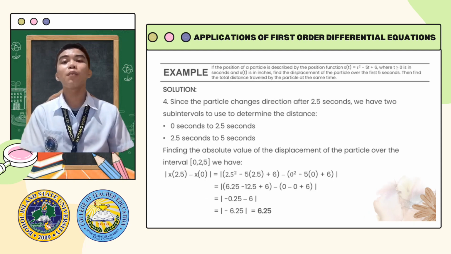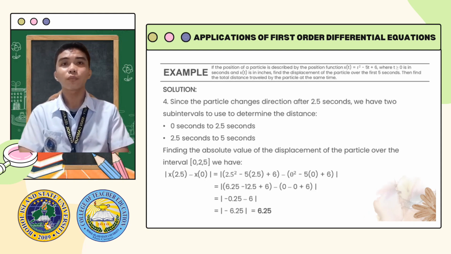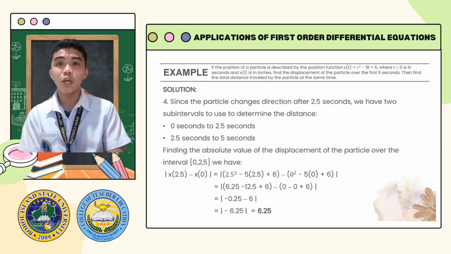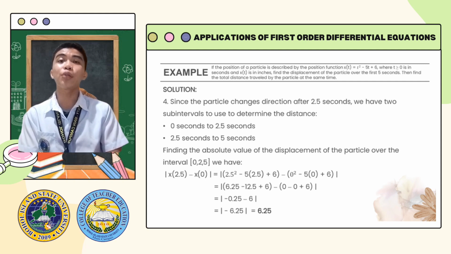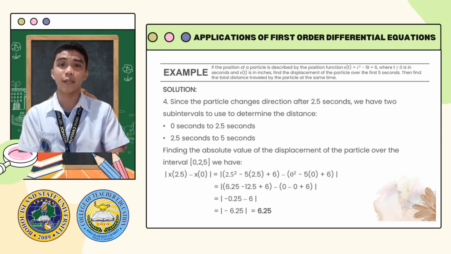For the last step, since the particle changes direction after 2.5 seconds, we have two subintervals to use to determine the distance. The first one is from 0 seconds to 2.5 seconds, and the second subinterval is 2.5 seconds to 5 seconds.